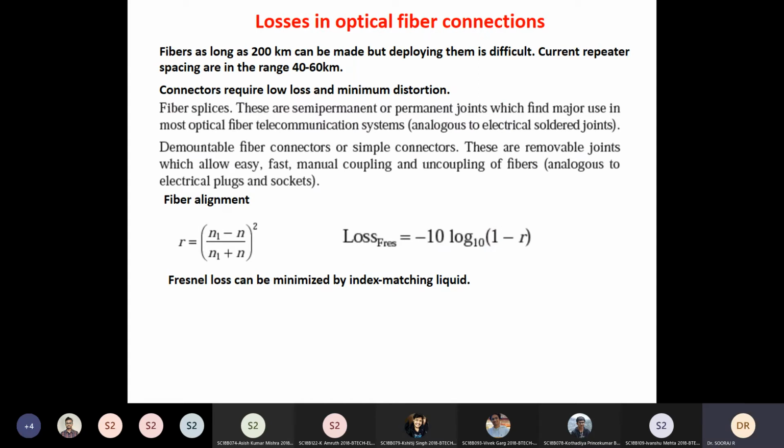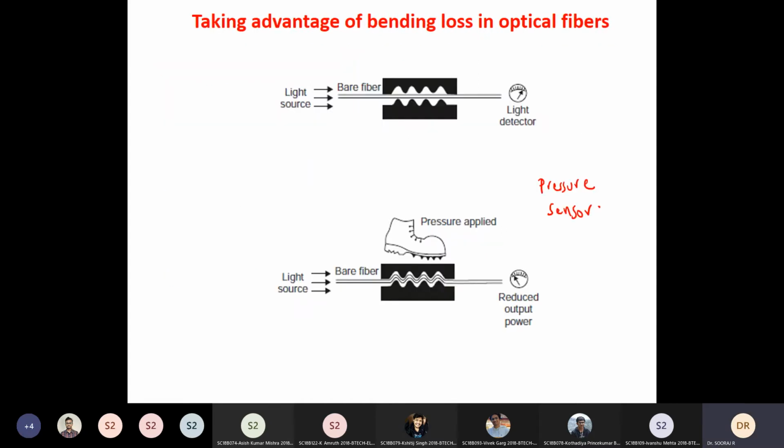Sir, we need to make sure that it regains its original shape also, when pressure is not applied. Yes, of course. When the pressure is not applied, you have to ensure that the fiber retains its original shape.